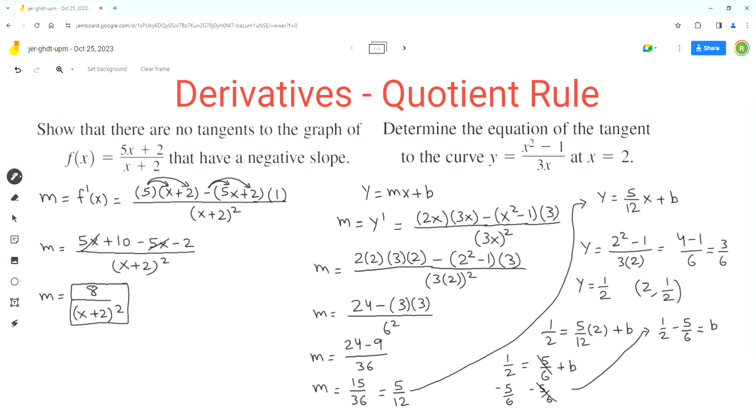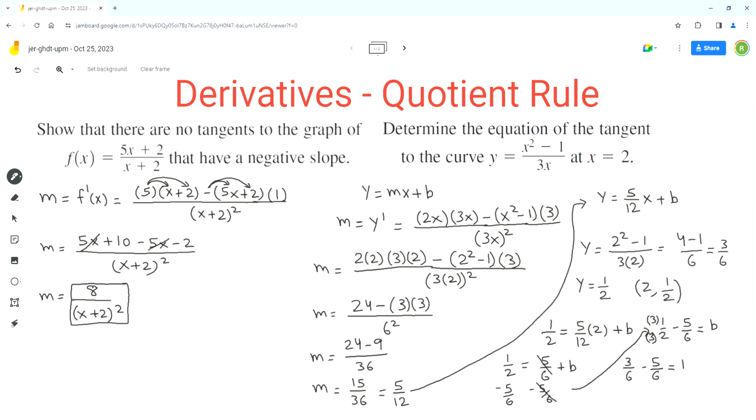Now we can subtract these fractions by finding a common denominator, which is 6. So we'll multiply the first fraction by 3 in the numerator and the denominator. So we get 3 over 6 minus 5 over 6 equals b.